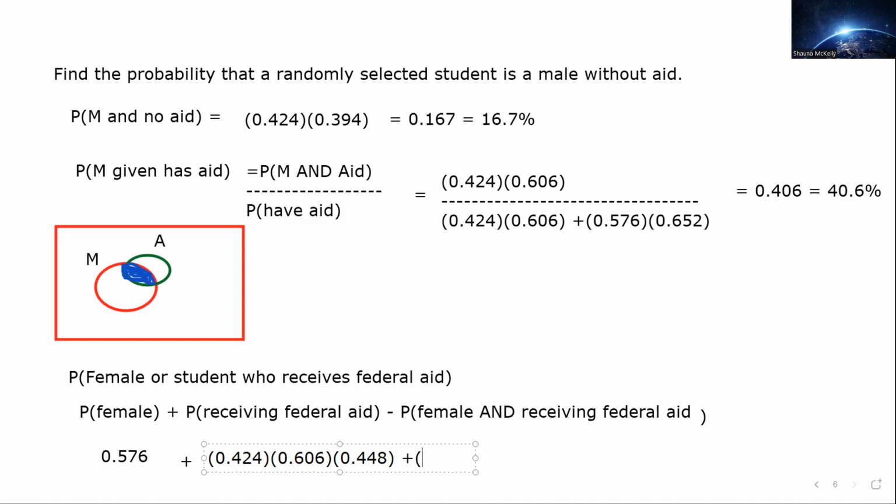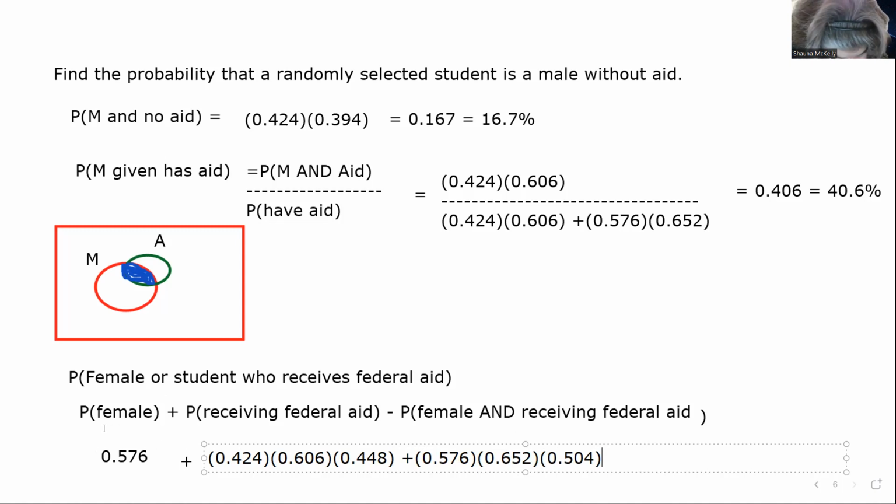Which would be 0.576, 0.652, and 0.504. So these are my males, my females, my males who receive federal aid, my females who receive federal aid, and now I have to subtract off this portion, right?